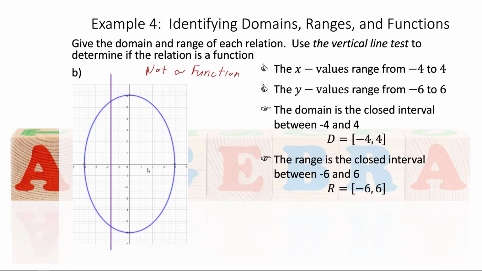This graph covers x values from -4 to 4. As a consequence, that's what its domain is going to be: the closed interval from -4 to 4, including 4. And notice the outputs range from -6 all the way to 6. So that would be the range. And once again, our range will be the closed interval from -6 to 6. So we have domain of -4 to 4, closed interval. The range is the closed interval from -6 to 6, and this is not a function.